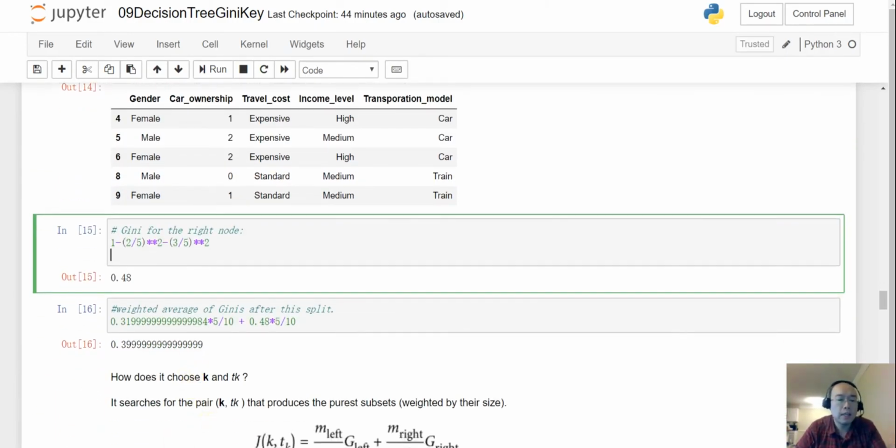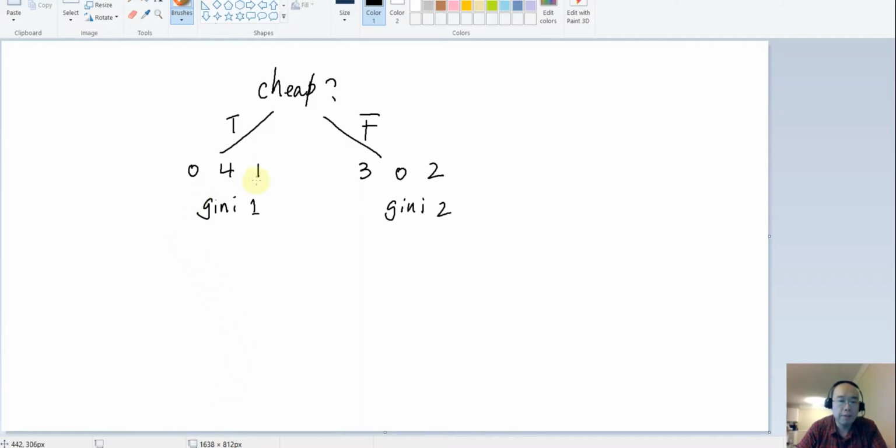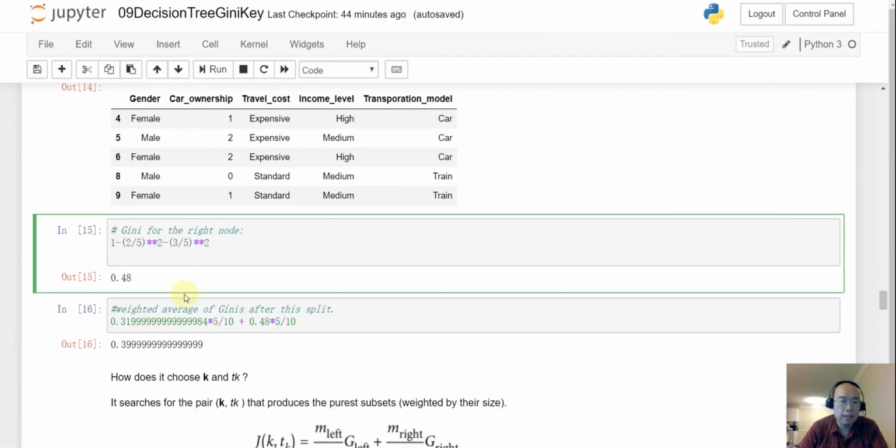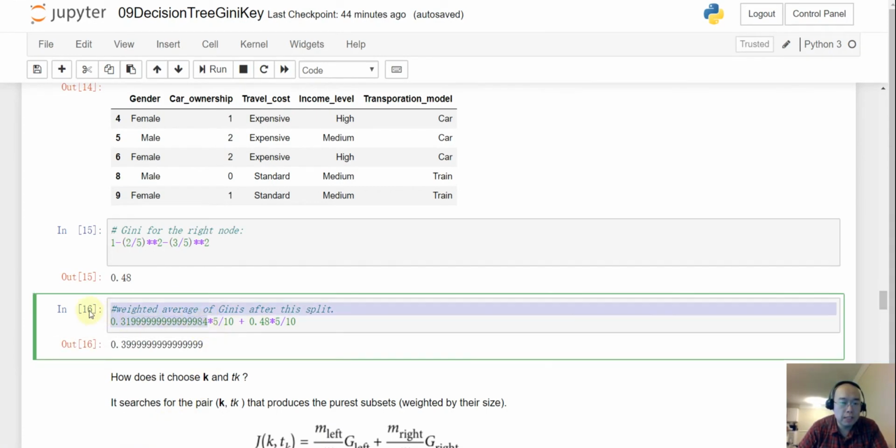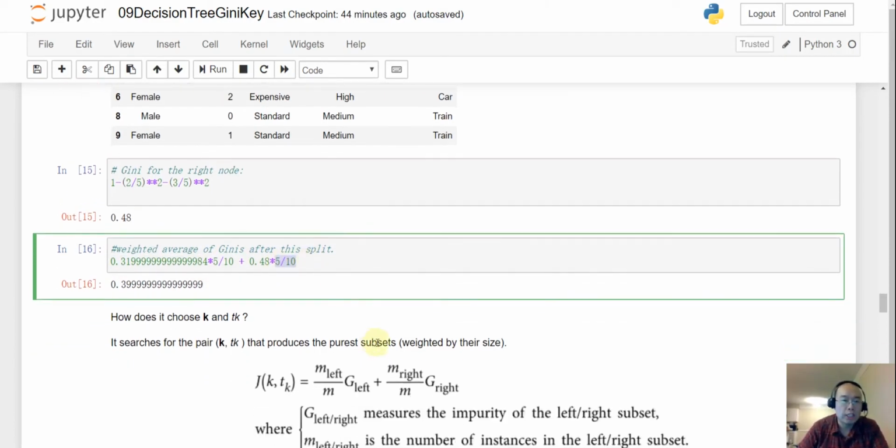In this case, we have a 50-50% split, so to get a weighted average, we use the first Gini with 50% of the sample, and the second Gini with the other 50% of the sample, right? So this is the split on travel cost equals cheap or not.